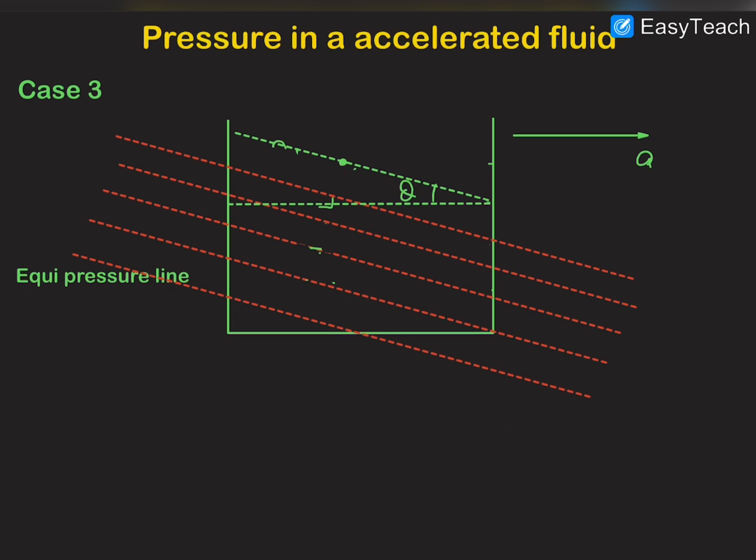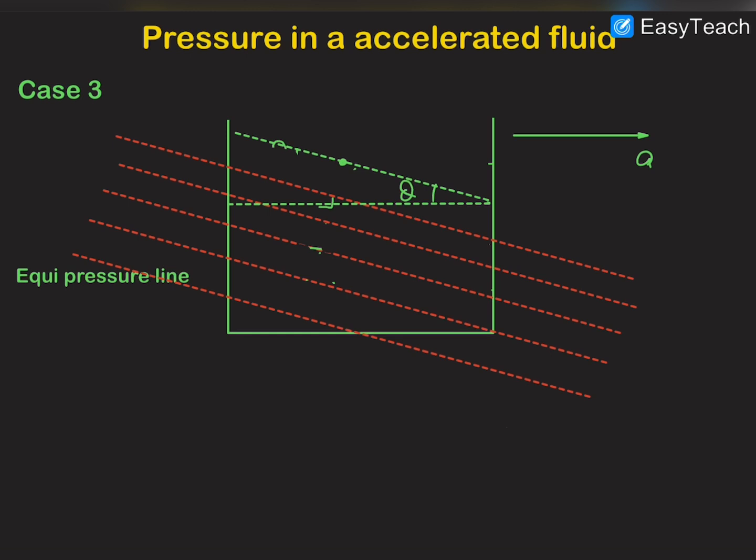And obviously if we draw the height, then this height will be equal to this height, which means that if the initial level of the liquid was this, then the height by which this front surface will go down will be equal to the height by which this back point will go up.